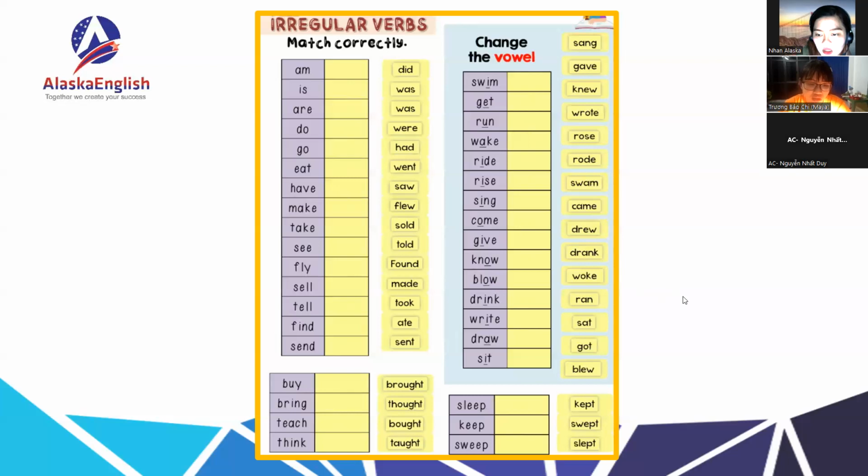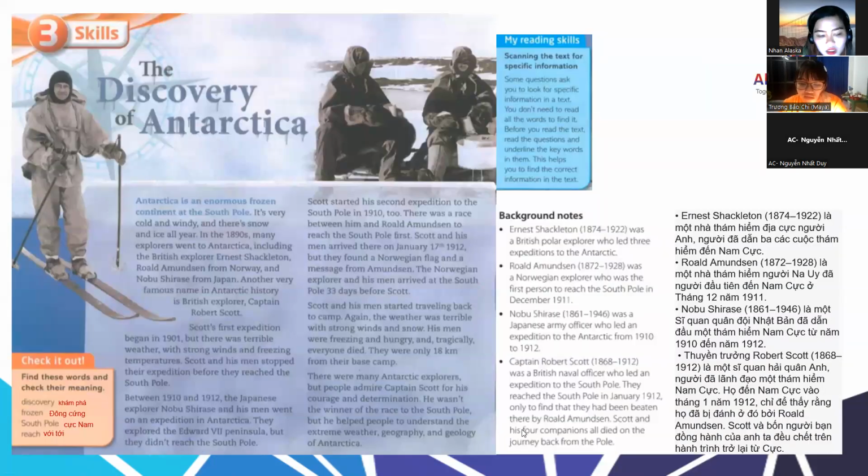Teacher also gave you this homework. I told you to have an introduction about the discovery of Antarctica. Tonight is going to be a bit boring because we're going to read the discovery of Antarctica.